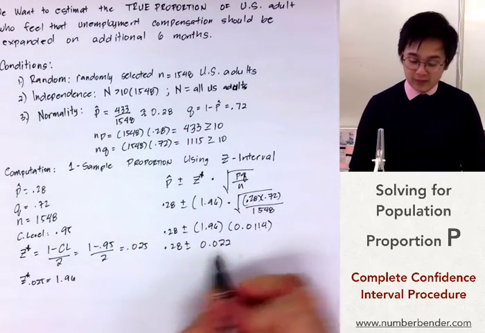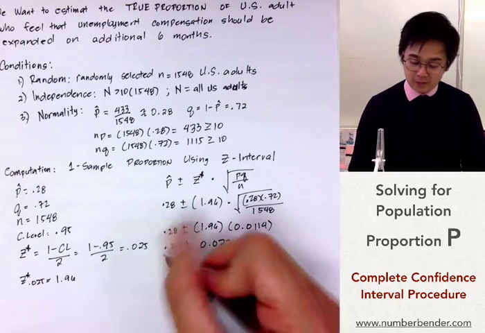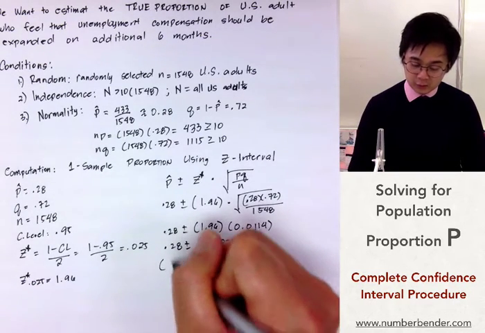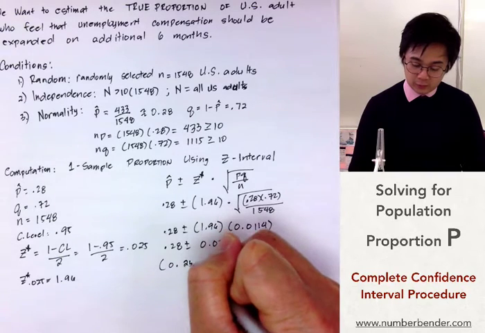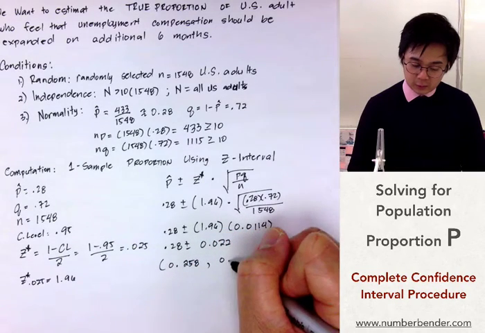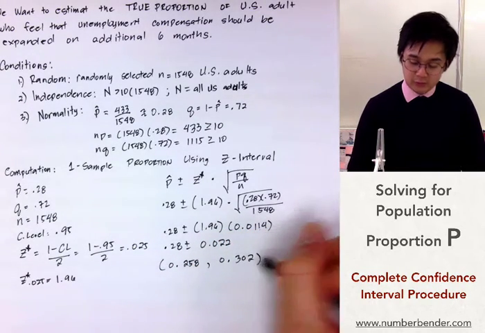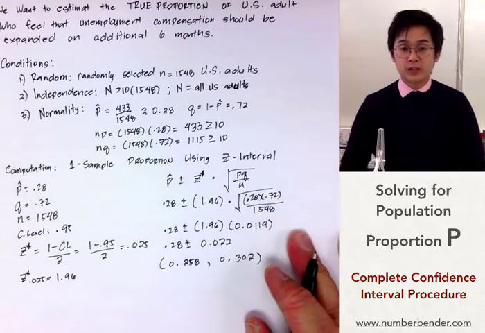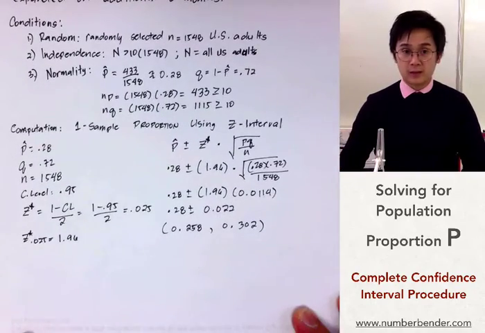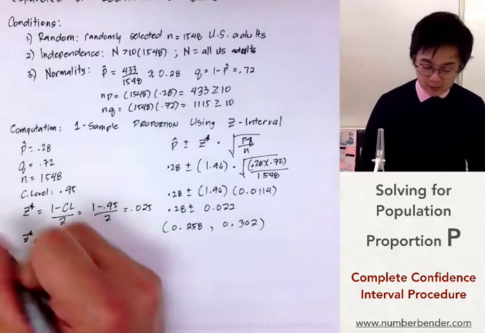So now that we have these values, we find the confidence interval, which is 0.258 to 0.302.